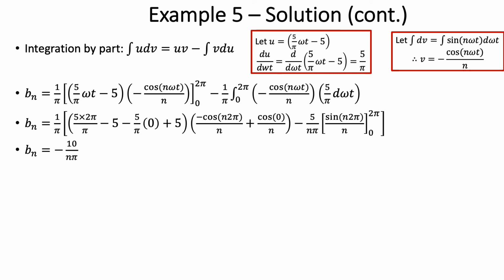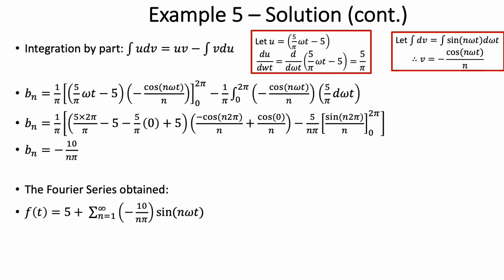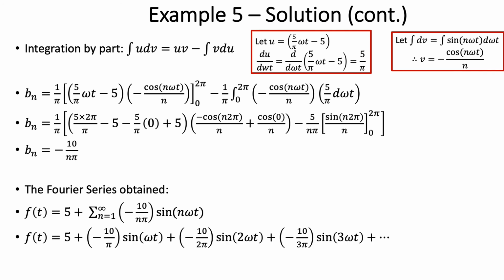Finally, our b_n is minus 10 over n pi, and the Fourier series obtained is f(t) equal 5 plus summation of n equal to 1 to infinity of minus 10 over n pi sine n omega t. And if we do the Fourier series expansion, we will get the same equation as before.